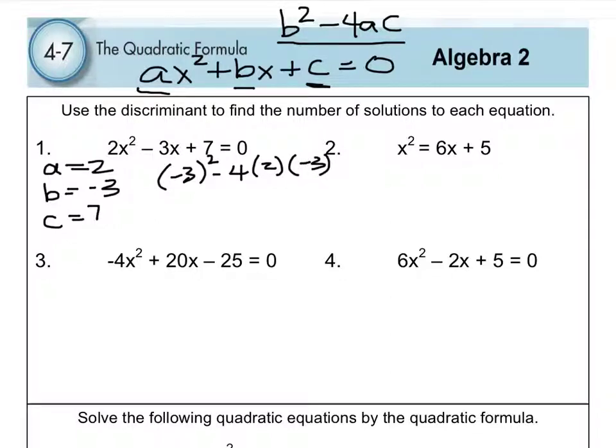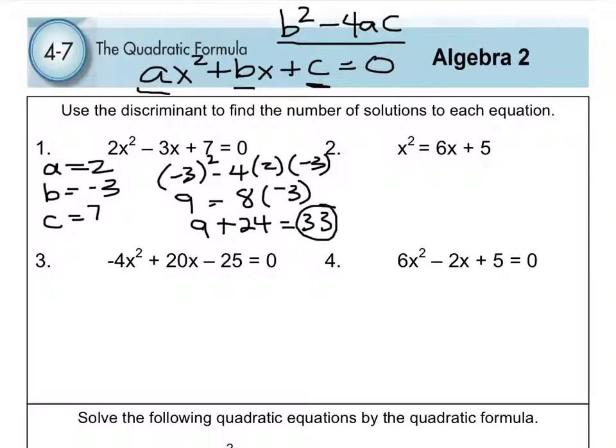Negative 3 squared is positive 9. If I take negative 4 times 2, that's negative 8. So I'm going to write this as 9 minus 8 times negative 3. Now if I take negative 8 times negative 3, I get positive 24. So this is 9 plus 24, and 9 plus 24 is 33.